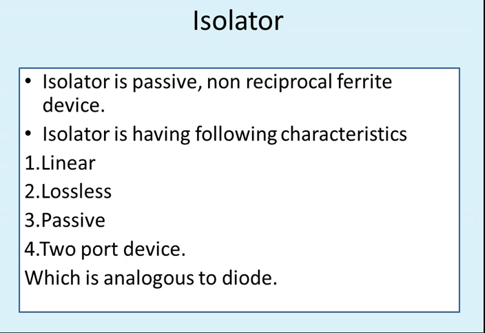Isolator has the following characteristics. It's a linear, lossless, passive, two-port device, which is analogous to a diode. That means it allows a microwave signal to pass only in one direction. It won't allow any signal reflected or coming from the reverse direction.